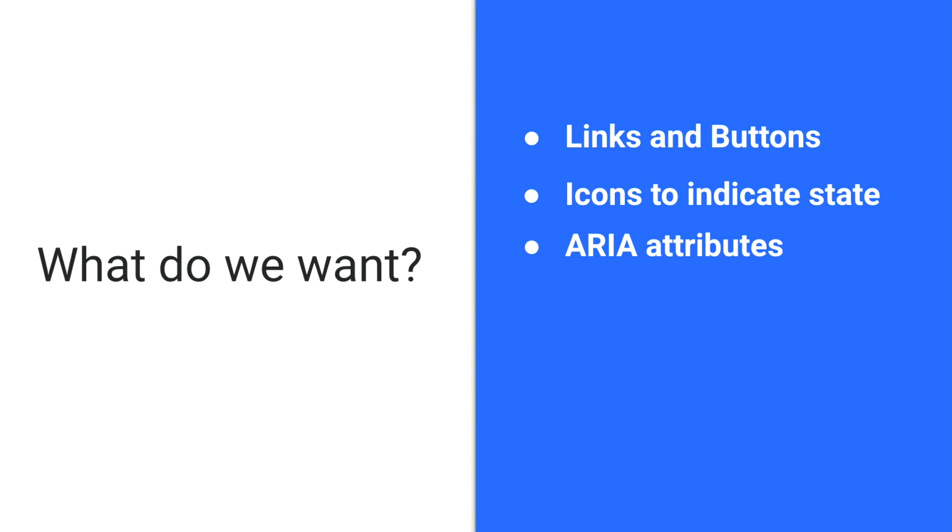You could also consider ARIA attributes. ARIA attributes are now a widely used part of the HTML specification. They work very nicely, and they help us do things like indicate to screen readers that there's additional text that is visually hidden, but is important for somebody who perhaps can't see to know about, that some other action can be taken.